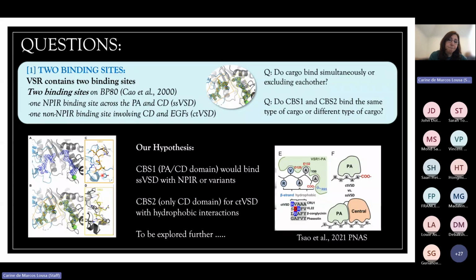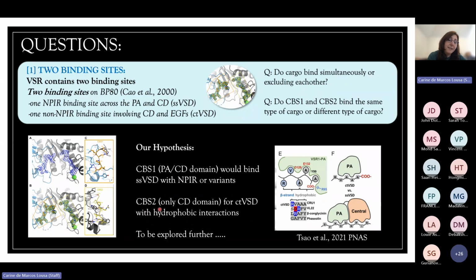So our results are also confirming results from other groups that the cargo binding site 1 that is across the PA and the CD domain will bind 1 type of vacuolar cargo, which are the ones that contain the NPIR or variants, like it is represented here from Zhao et al. in 2021.